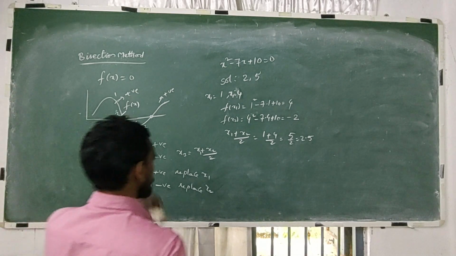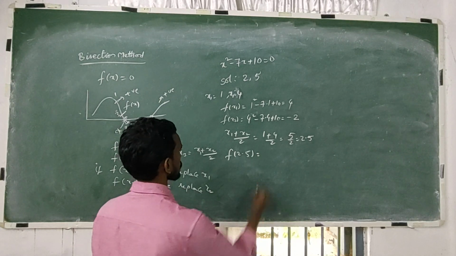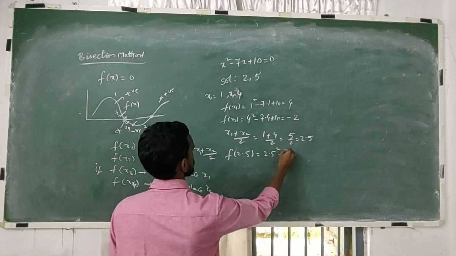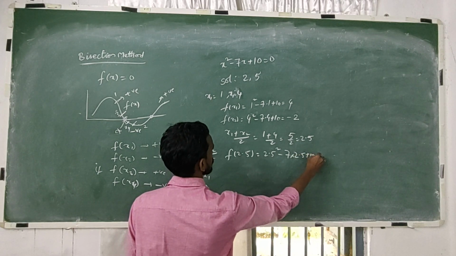Then calculate f of 2.5. 2.5 square minus 7 into 2.5 plus 10.